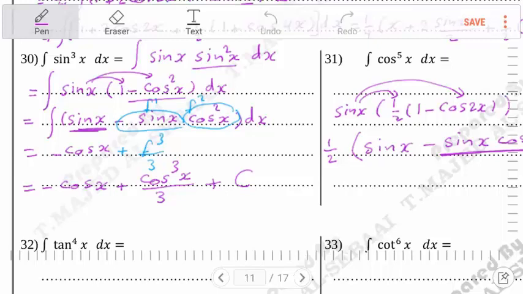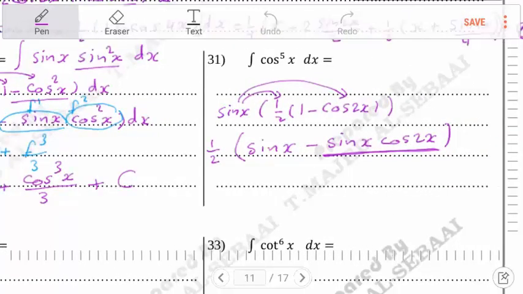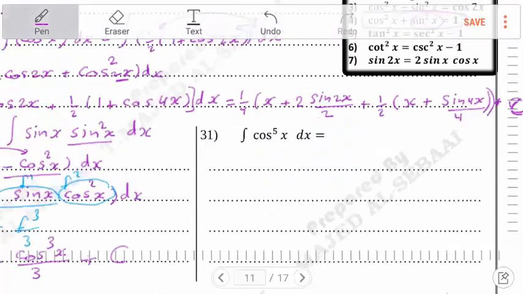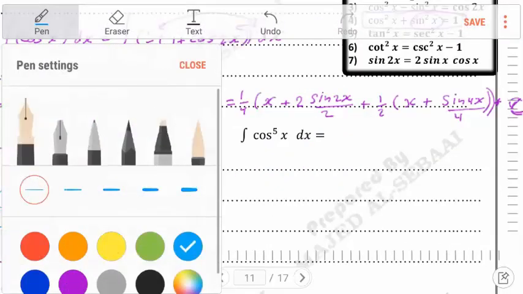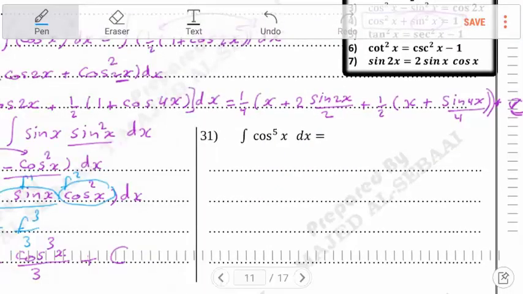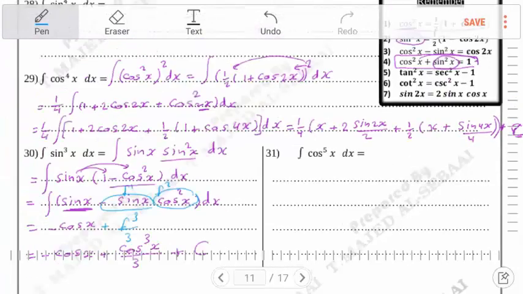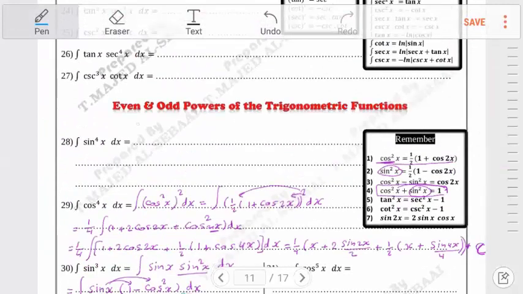You understand? Because see, this part we can integrate easily. And this, we have a rule for it and we can use it. Same thing. I want you to notice that this lesson is about even and odd powers of trigonometric functions.